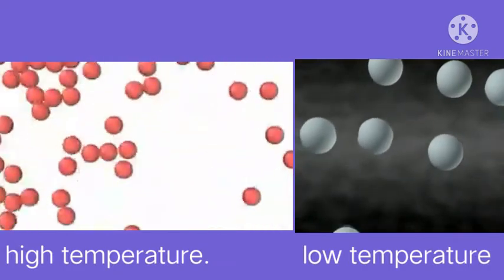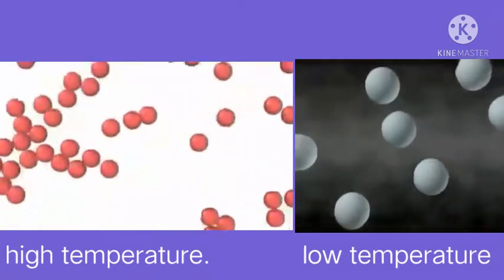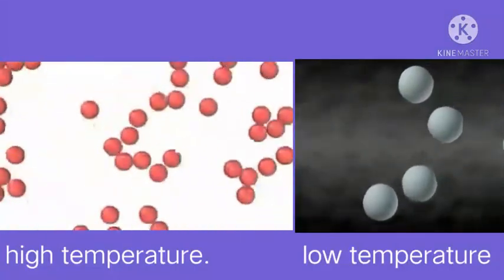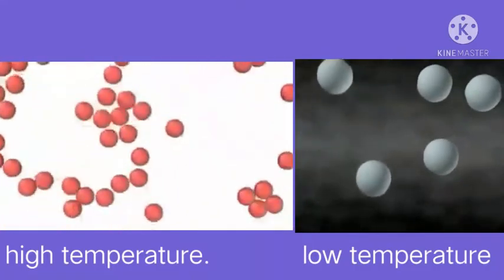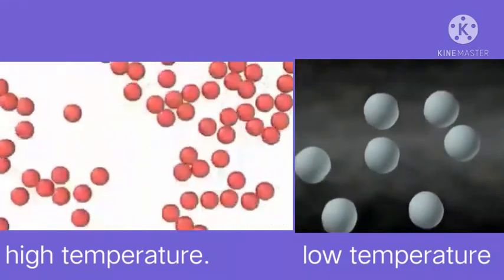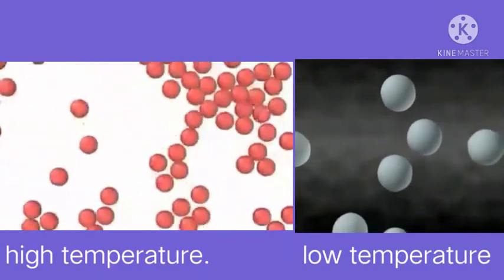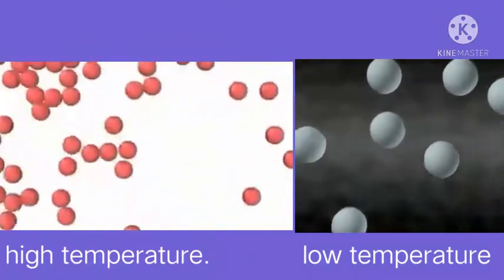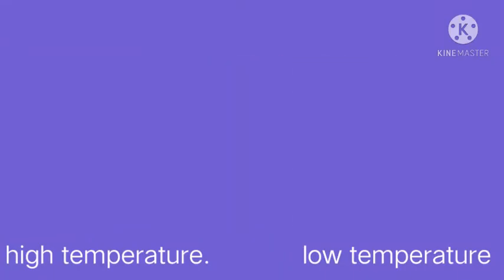The velocity of atoms in the gas at higher temperature is larger than in the gas at low temperature. It means that if the object is hot, then the velocity is higher, and if the object is cold, then the velocity is lower.